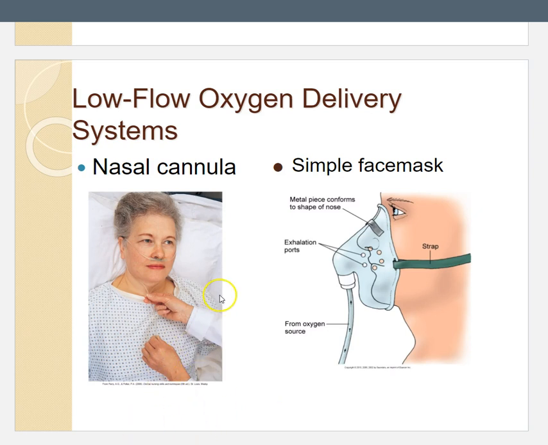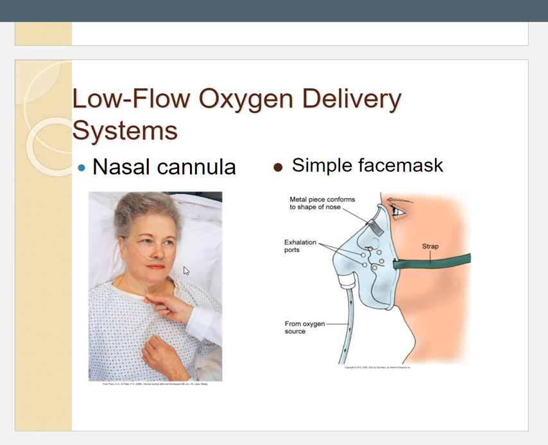The highest amount of oxygen we can give our patients is 44%, and that's at 6 liters. So that's as high as we can provide with this type of therapy. 1 liter would be 24%, 2 liters is 28, 3 liters is 32. It goes up by 4 percentages of oxygen: 36, 40, and 44.